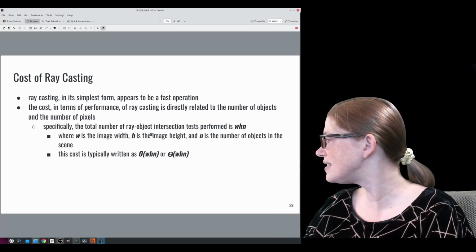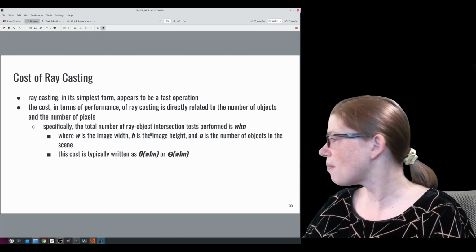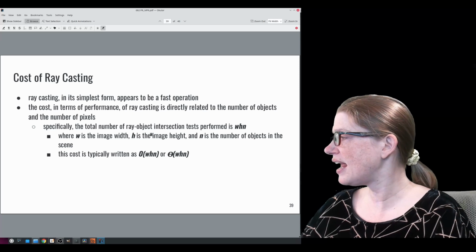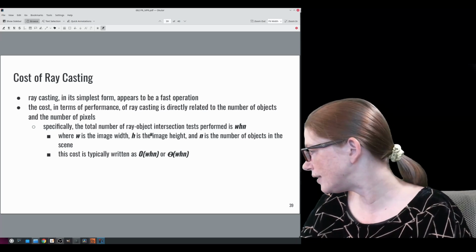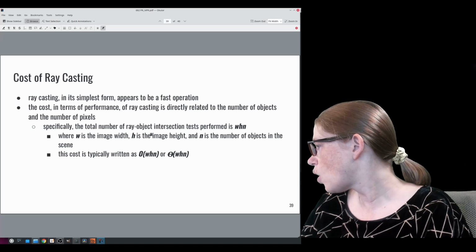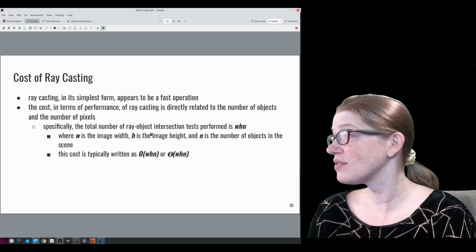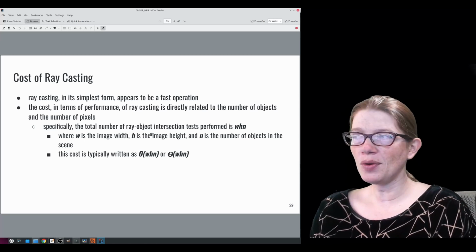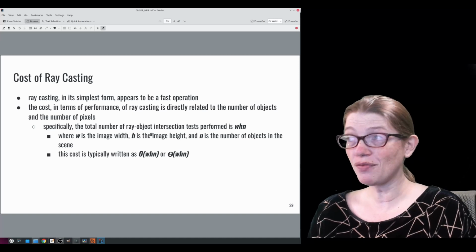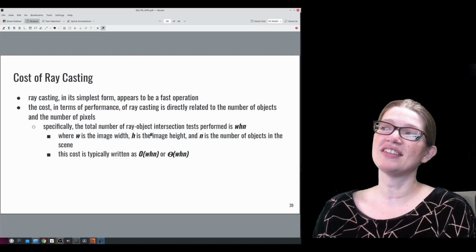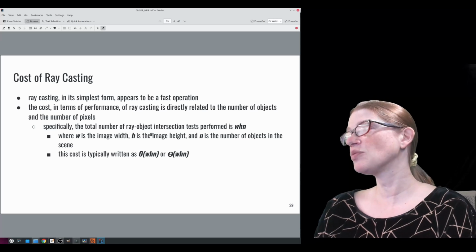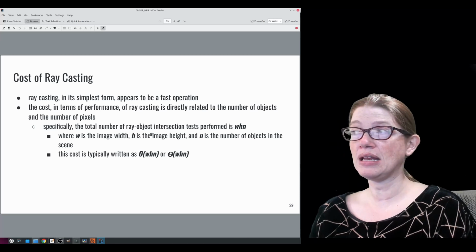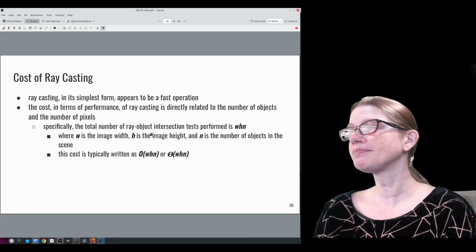So just to give you an idea of the number of rays you might send for a 1080p image, you would have 1920 times 1080, which gives you 2,073,600 rays for an HD image. And these days, I want to say an HD image isn't good enough and we need to do a 4K image, in which case that would be 4 times that. So we'd be looking at about 8.4 million rays that we would be sending.